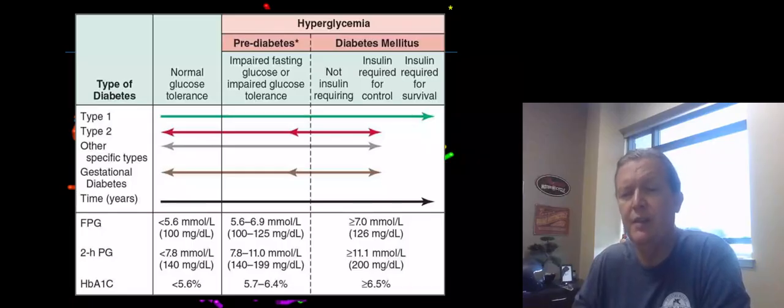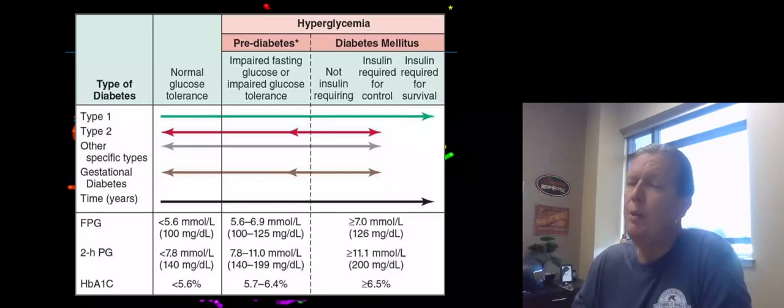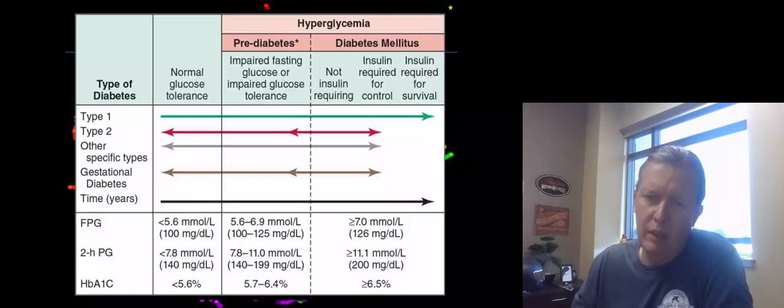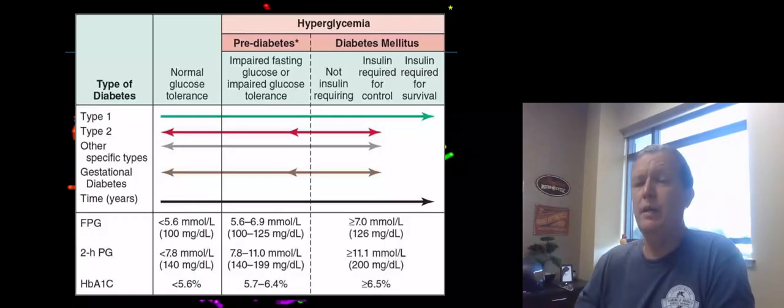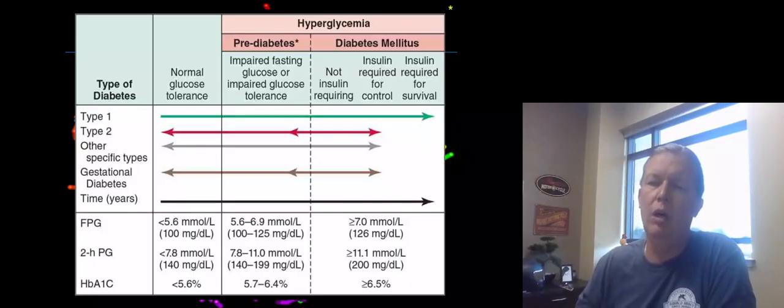Hemoglobin A1C is going to be in the 5.7 to 6.4 range for these pre-diabetic patients. And then you can see, as I mentioned earlier, the parameters for the full-on manifestation. So in the pre-diabetes state, we have a difficulty managing glucose. Perhaps some dietary interventions and lifestyle interventions like exercise could preempt the evolution of diabetes and the need for either insulin or some kind of glucose lowering agent.